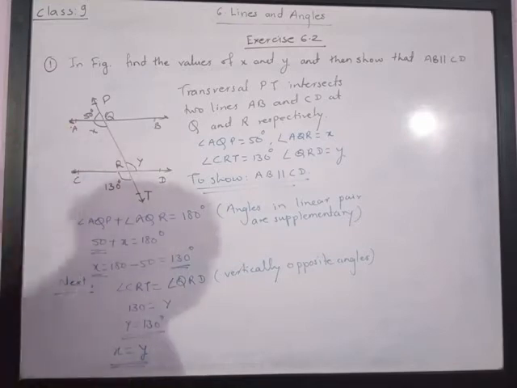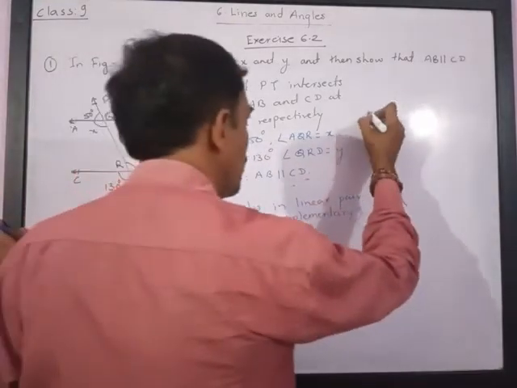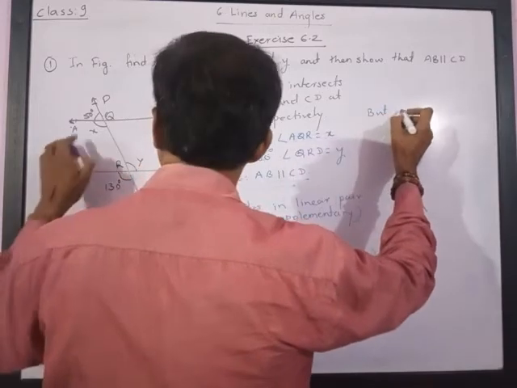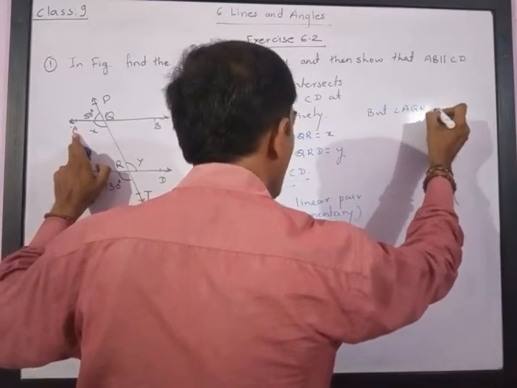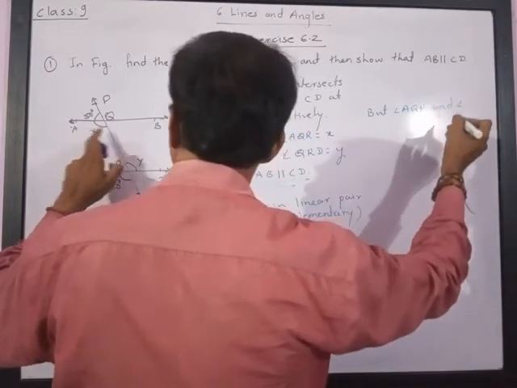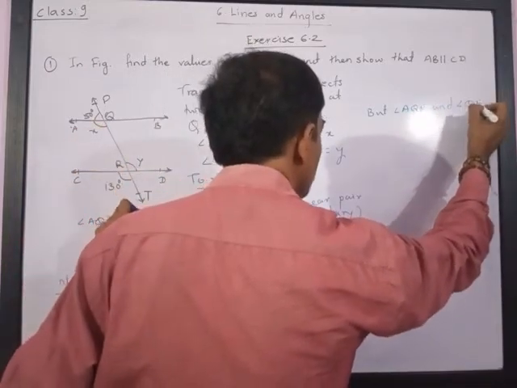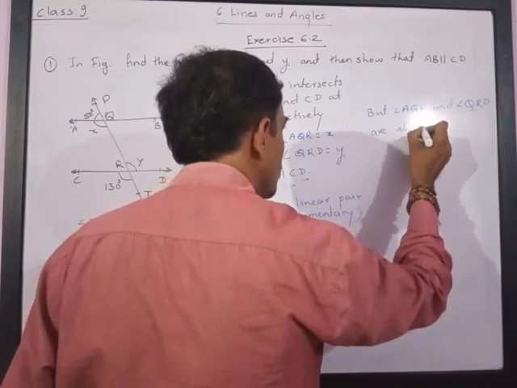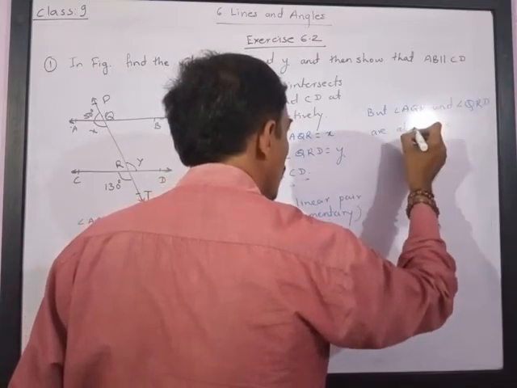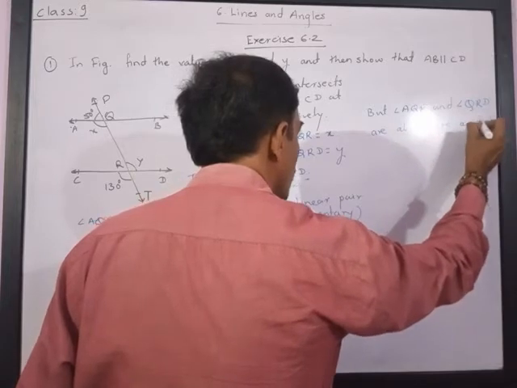But these are alternate angles. Angle AQR and angle QRD are alternate angles.